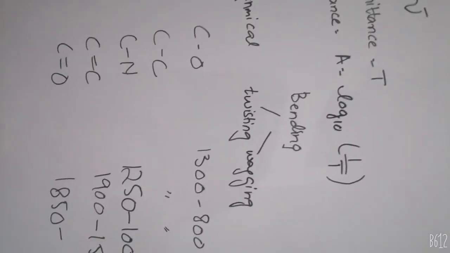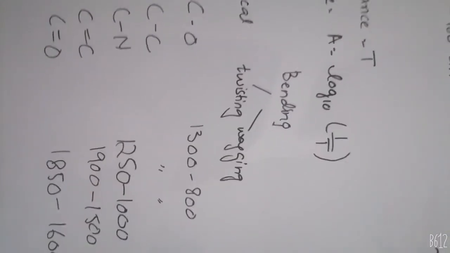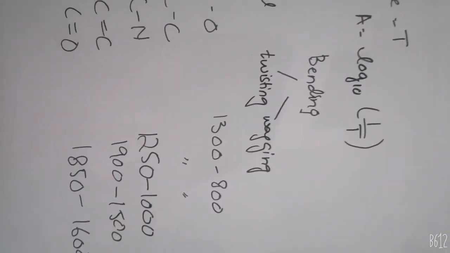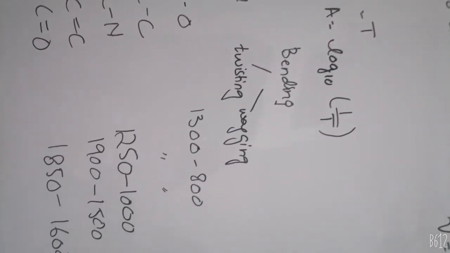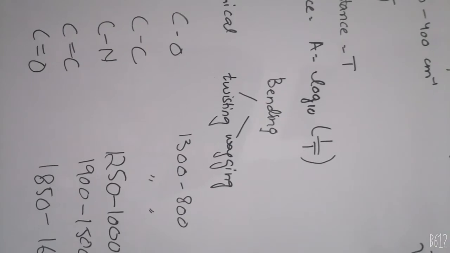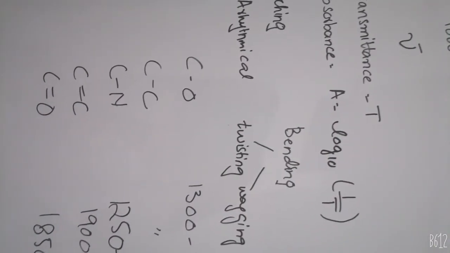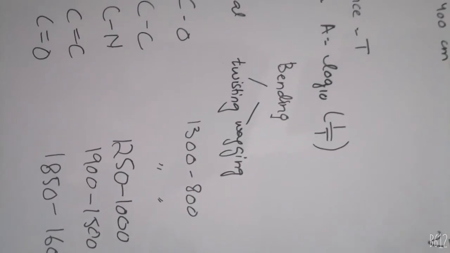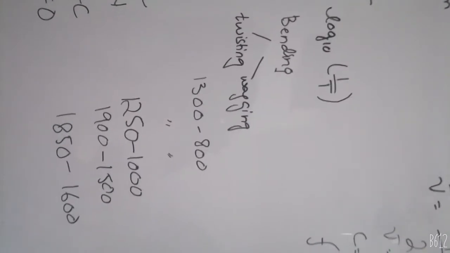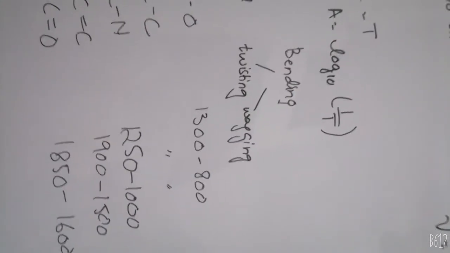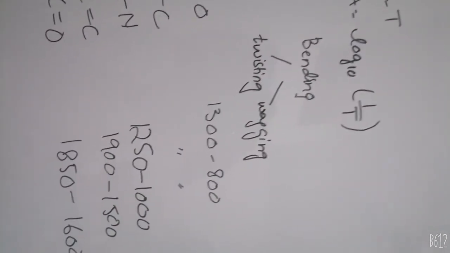If you look at the C–O bond, the observed value ranges from 800 to 1300, whereas the calculated value is 1113, which lies in the range. For the carbon single bond carbon, the observed values are approximately the same, 800 to 1300, and the calculated value using Hooke's law was 1128, which also falls in that range.